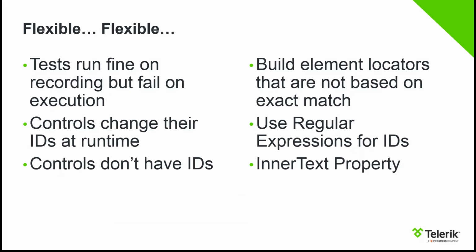Some of the other challenges, controls can change their IDs at runtime, and sometimes controls don't even have IDs. For those of you working with XPath alone, there may be an issue because the position may change. If you've used an attribute with an element, that may change. So really what you are left with is a strategy that you have to think of for creating flexible and, I would say, more robust locators.